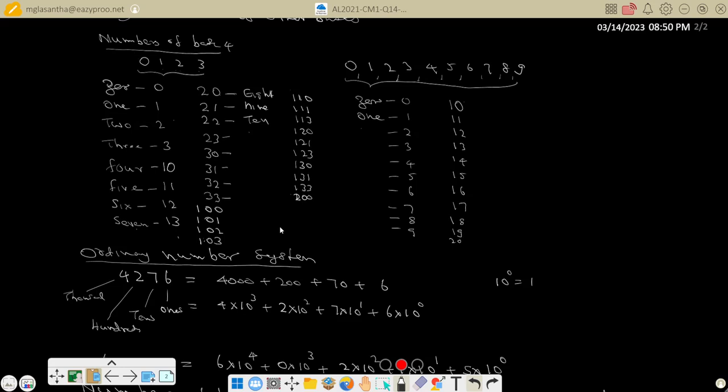Okay, 200. So you can write down any amount of numbers in that system. So if you can identify the pattern, then it is easy, right?